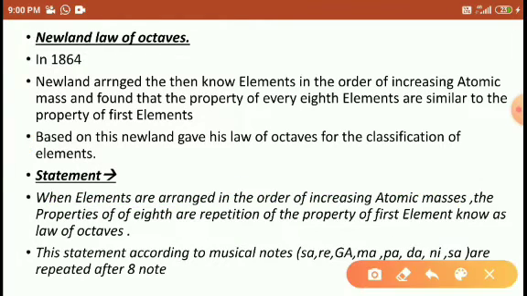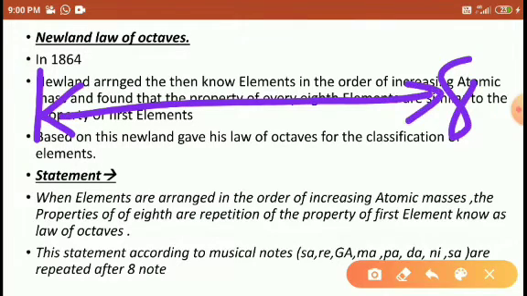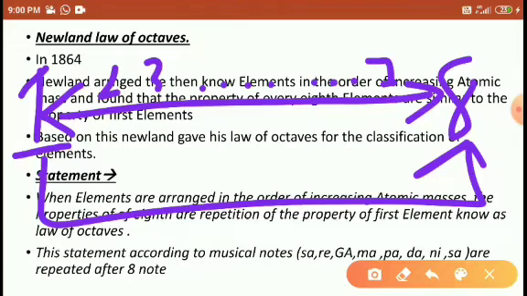In between them are the 2nd, 3rd and so on. The properties of the first and eighth elements remain similar.